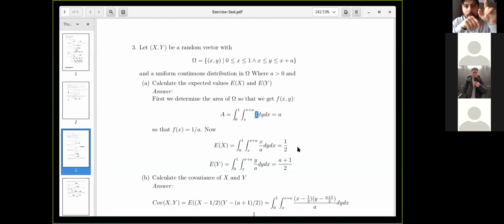It is true that you could use the first one, because if it's uniformly distributed, then the value of x, you can think of it as uniformly distributed. It's 1/2, because it's between 0 and 1, and y is between x and x plus a, so it's a plus 1/2. Yes, you could have it like this, but it's a little bit different.